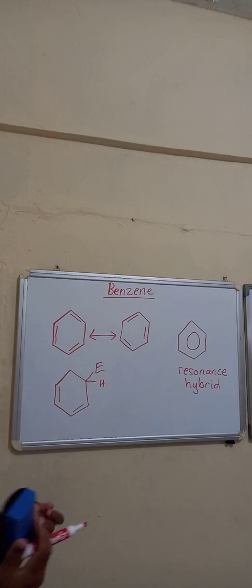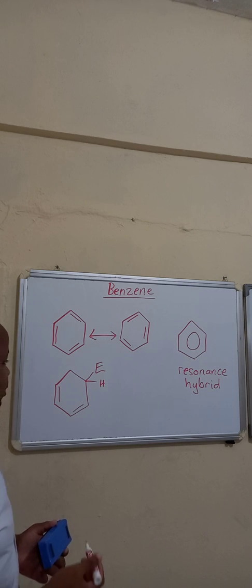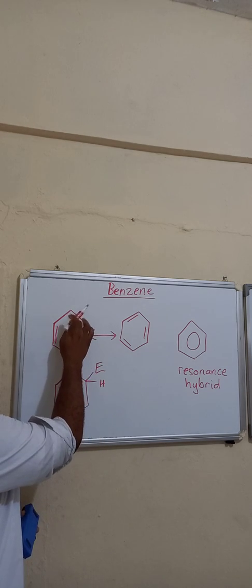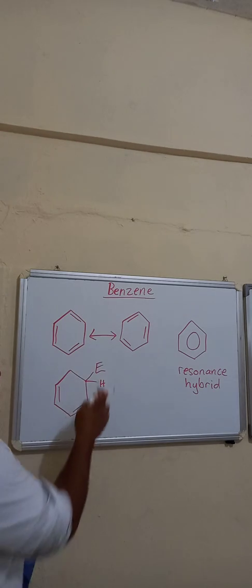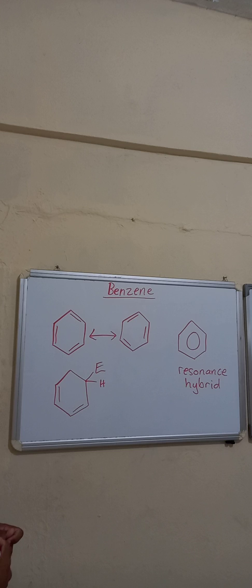In every nucleophilic attack, you're forming a dative covalent bond. So this double bond would have to break to get the electrophile. As you can see now, the double bond is broken, so benzene is not as stable as it was before.